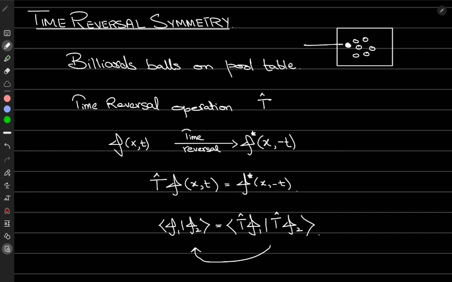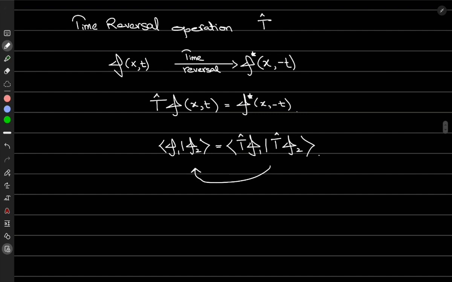So what does this mean? This implies that if a system is invariant under a time reversal, its wave function will satisfy a particular condition, and that condition is that your wave function psi of x comma minus t should be equal to T hat, time reversal acting on the state x comma t, right?